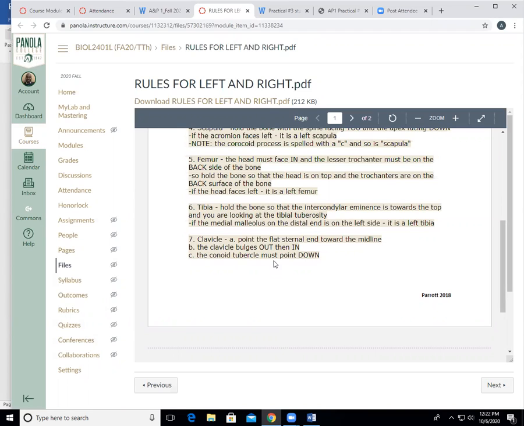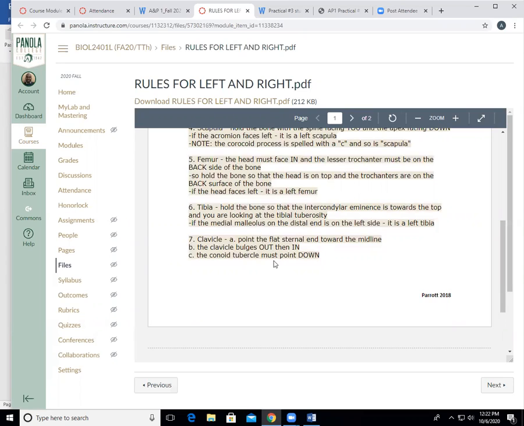All right, so here's the sternal end of the clavicle. It bulges out and goes in. So let's say this is the left. It bulges out toward the lateral end, or the left side of the body.